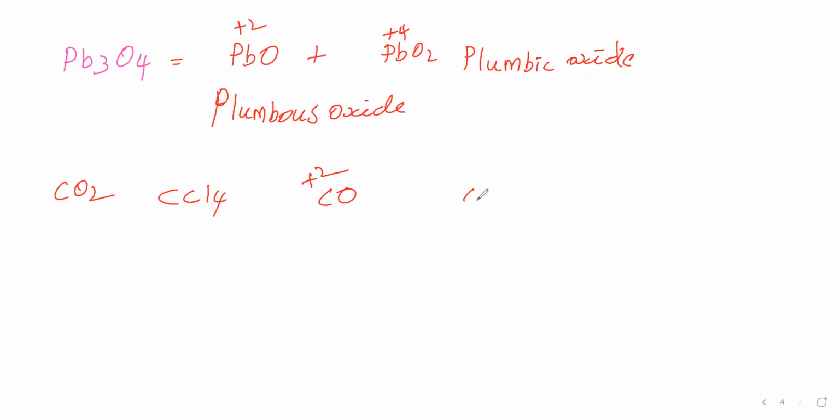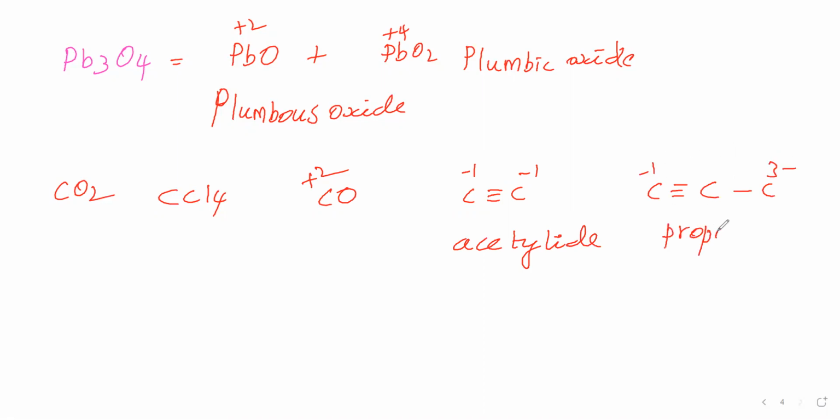Next, carbon shows some other oxidation numbers also. Now you see, in this one carbon oxidation number is -1. It is called acetylide. Here carbon is showing -1 oxidation number. Now you see this compound, this is called propanide.